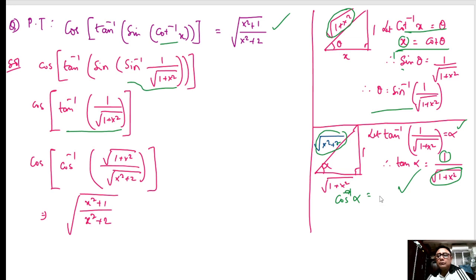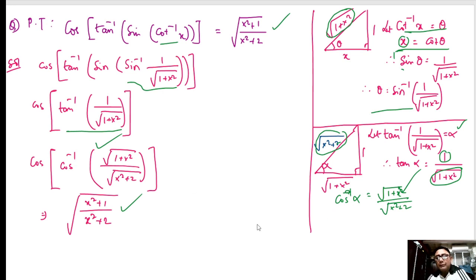Base by hypotenuse. So alpha will be what? Cos inverse this. So here we have written. So cos and cos inverse will cut. This is my answer. Okay.